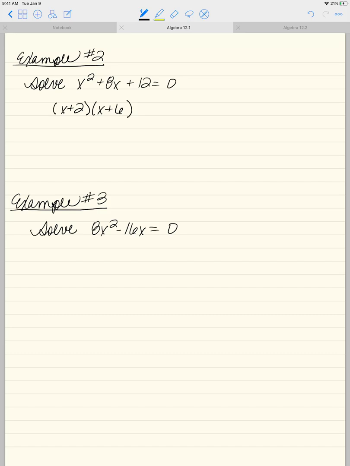So x plus 2 times x plus 6 is equal to 0. So what that tells us is either x plus 2 is equal to 0, or x plus 6 is equal to 0. Subtract 2, subtract 6. So x is either negative 2 or negative 6. If you substituted both of those back into the original equation, you would find that either of those gets you back to 0.